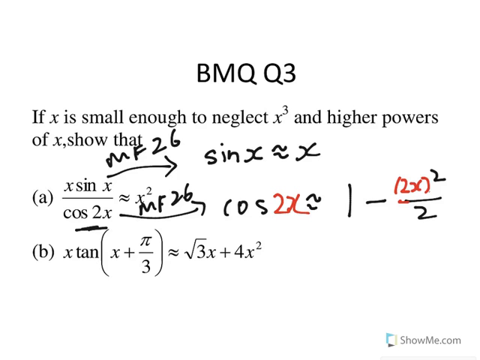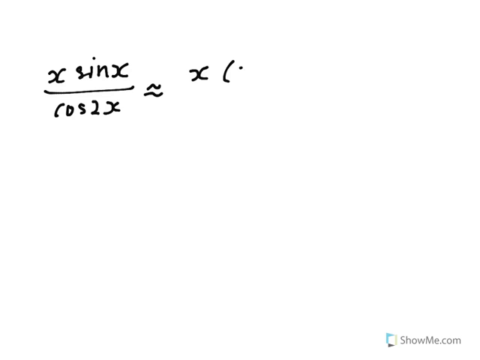Then from here, you are able to write down a new representation of your expression. This is approximately x multiplied by x, since sine x is approximately x.